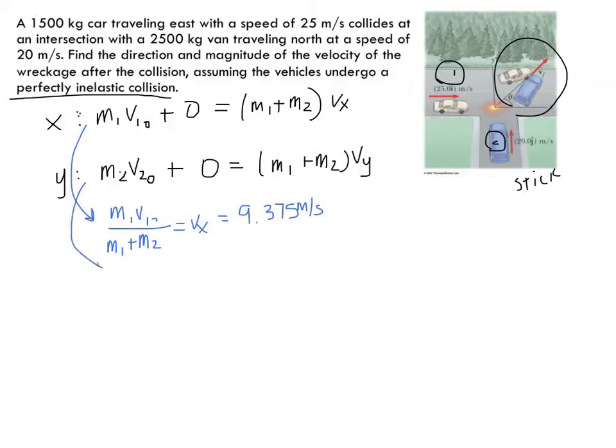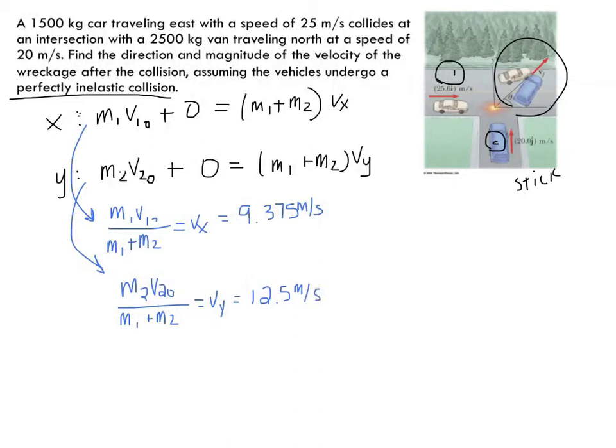For this momentum in the y direction, again rearranged, I get M2 V2 naught all divided by M1 plus M2 is equal to our velocity in the y direction. Once I plug in all my numbers, you should get a number of 12.5 meters per second.